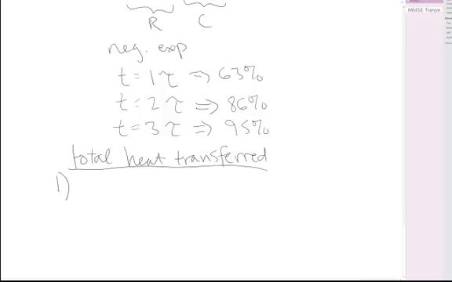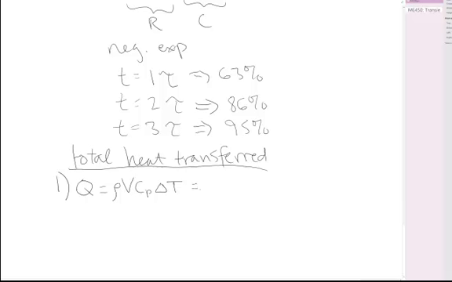The first way is to use the fact that this is a lumped model. And so capital Q, the total amount of energy transferred, is just going to be equal to the thermodynamic amount of energy associated with changing the temperature of a solid object, which is the mass, which is the density times volume, times specific heat, times change in temperature. Okay.